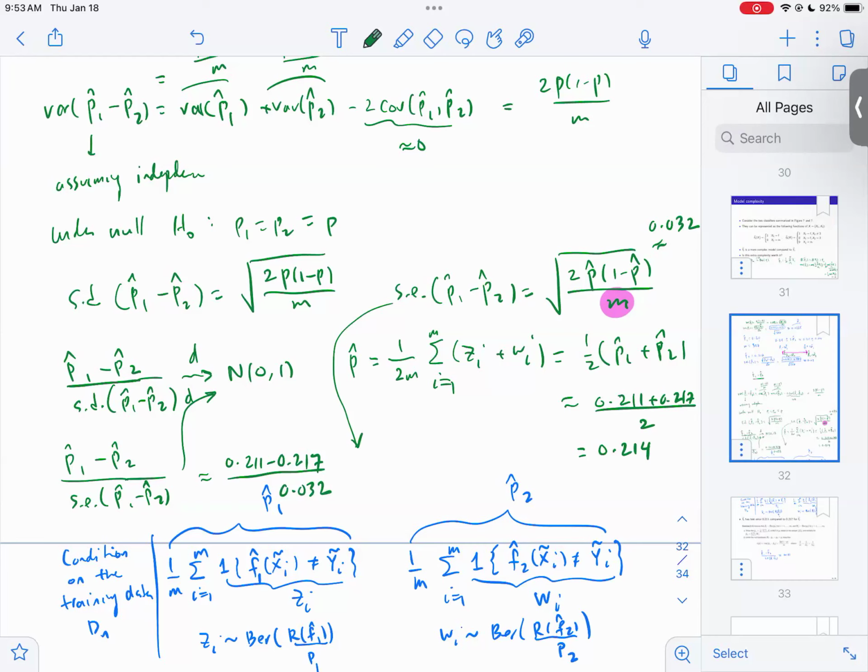What is this? 0.211 minus 0.217 divided by 0.032. Are my calculations correct?